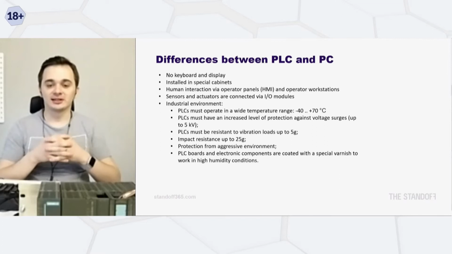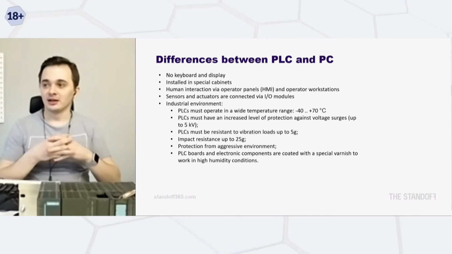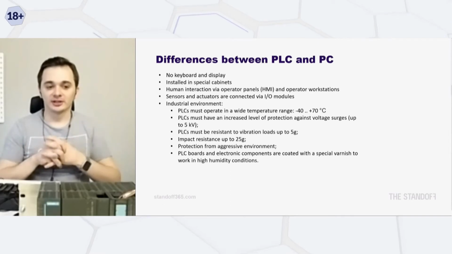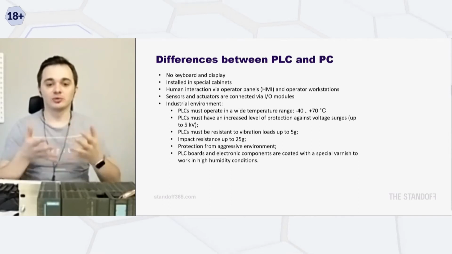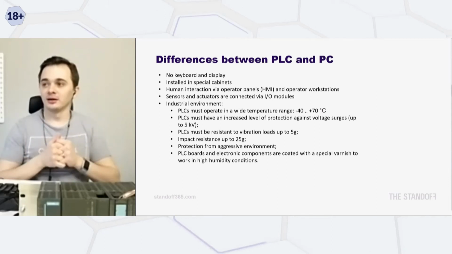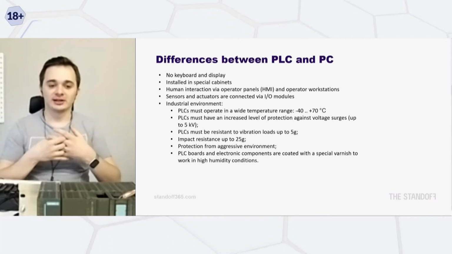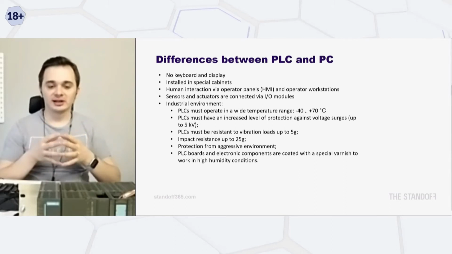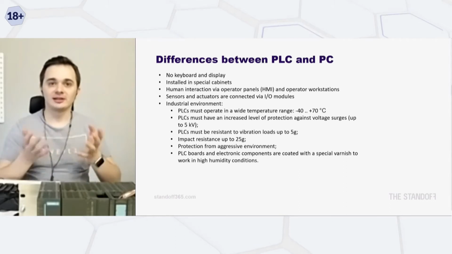An industrial environment is much more demanding. A PLC should be able to operate in a wide range of temperatures. It must be resistant to vibrations and shocks. It should be resistant to various aggressive milieu. Sometimes it is even coated or somehow protected from those hazardous conditions.